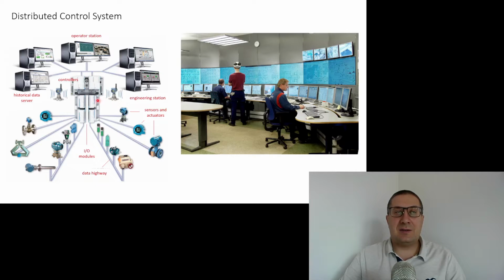Controller number 10 can utilize the information from the I/O module that is connected to the temperature sensor, for instance, that sits in cabinet 3, where controller number 3 is located. So because of this network, because of the highway, the information about the values is spread to other parts of the distributed control system.